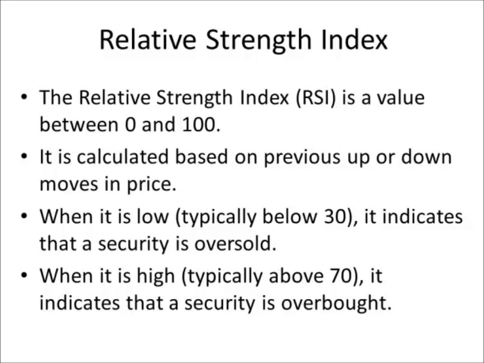If the price has mostly been going down recently, the RSI will be closer to 0, or to be lower. And typically, when we have an RSI that's above 70, this means that a security is overbought. And when we have an RSI that is low, or below 30, it indicates that a security is oversold. And if it's in between these levels, it usually indicates neither overbought nor oversold.